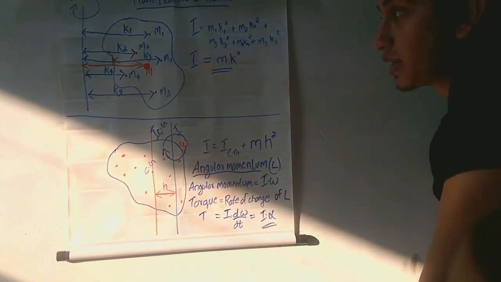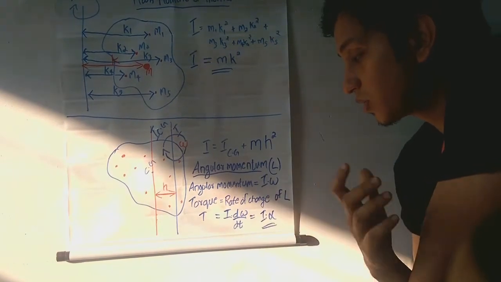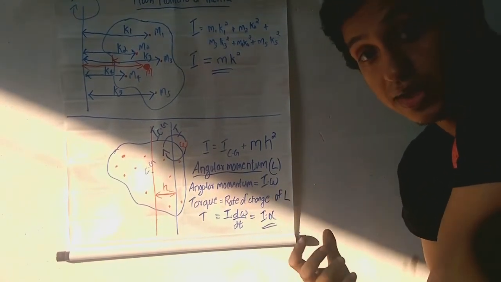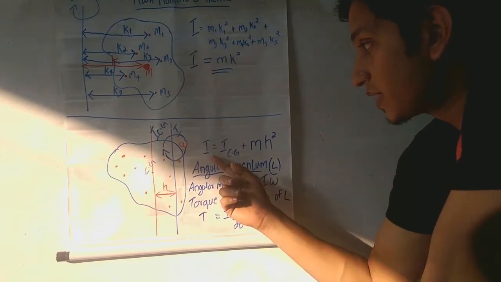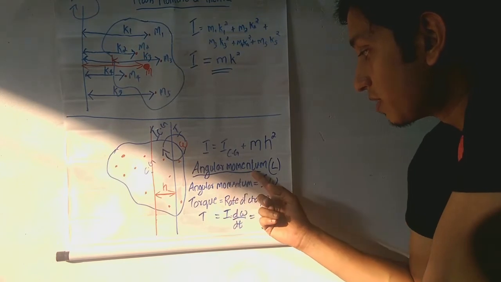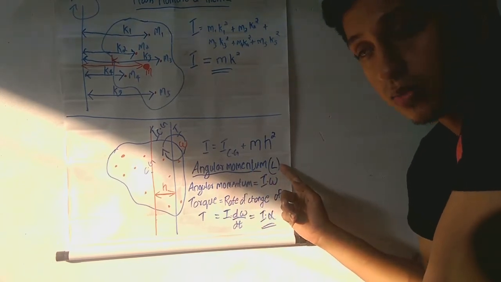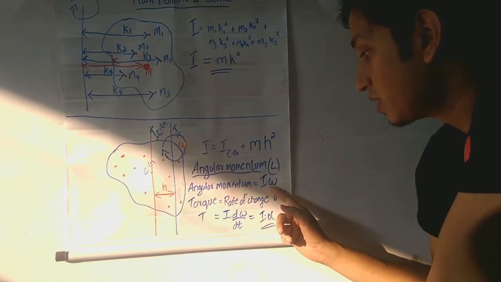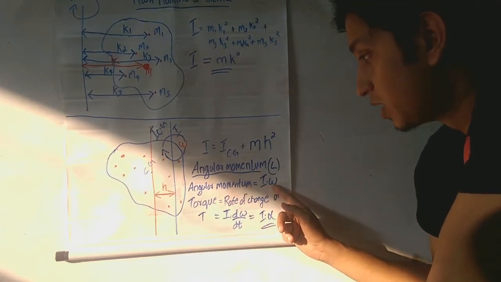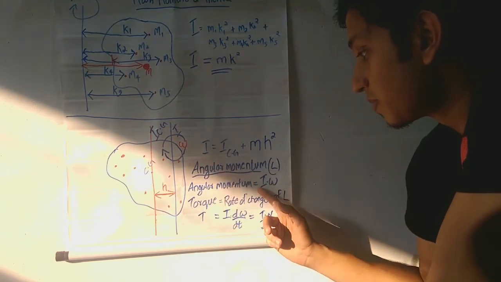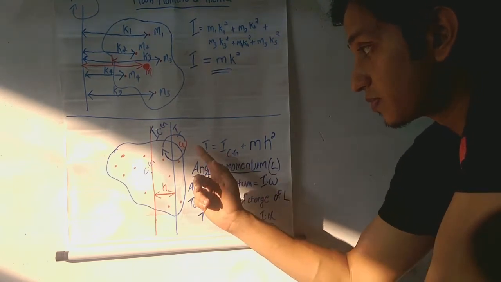Now what I need to make you understand is the physical significance of this. When we get the mass moment of inertia, the angular momentum, mostly denoted in the books by L, is given by I into omega. So once you get the mass moment of inertia, multiply it by the angular velocity.